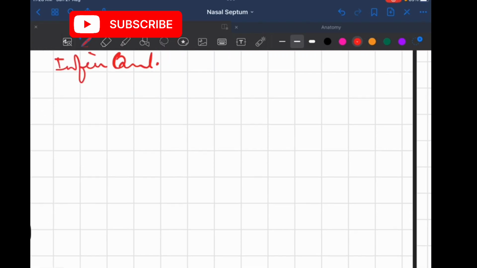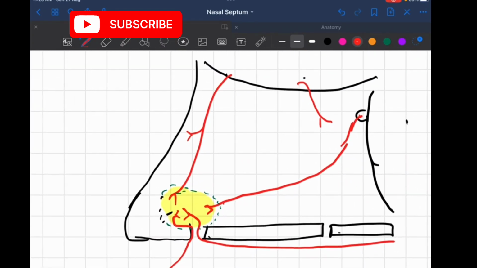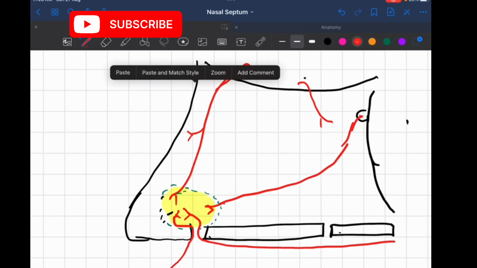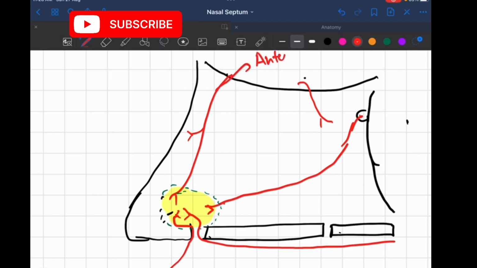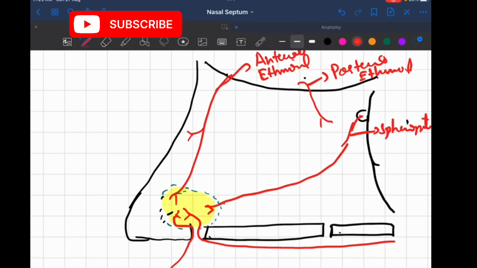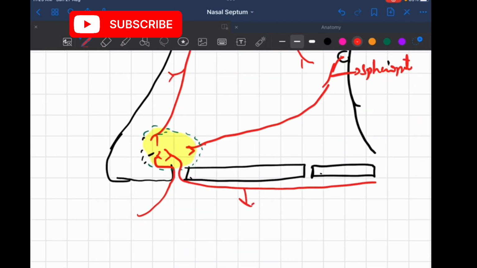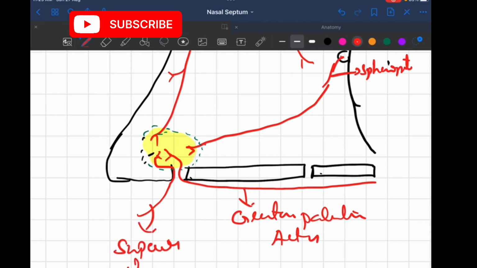Now let us see the arterial supply. This is the anterior ethmoidal, posterior ethmoidal, sphenopalatine. This is the greater palatine artery. This is the superior labial artery.